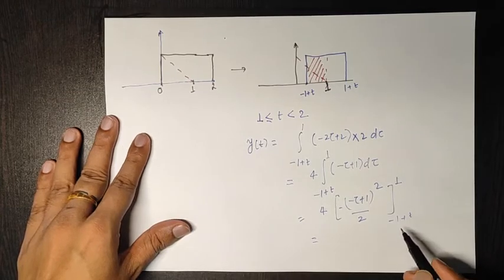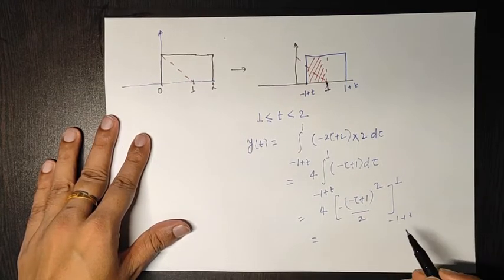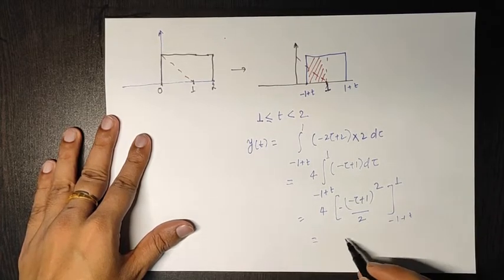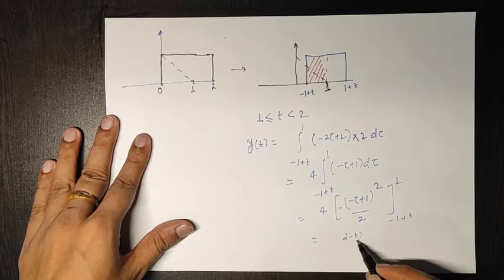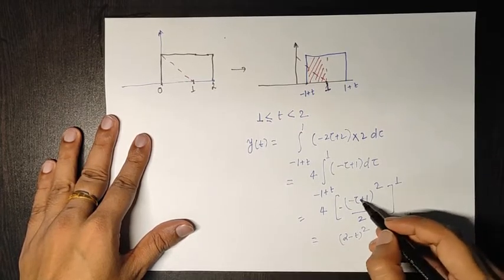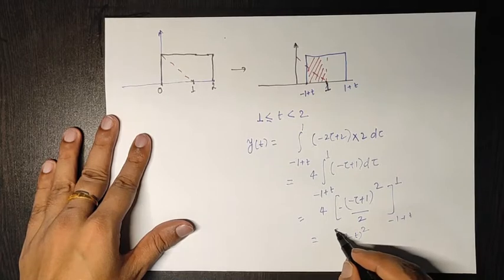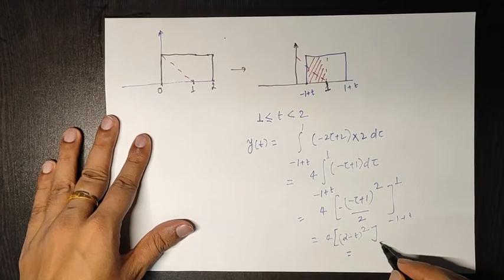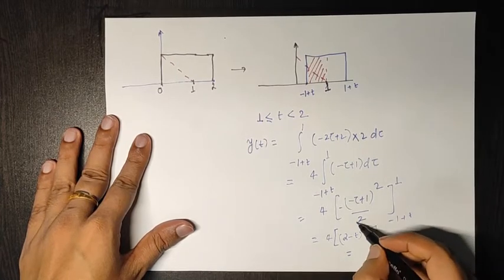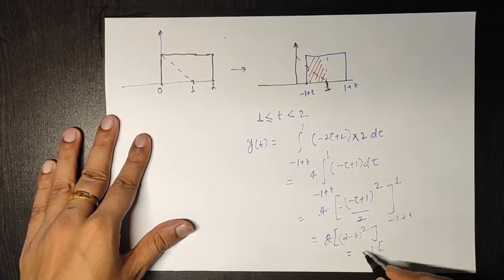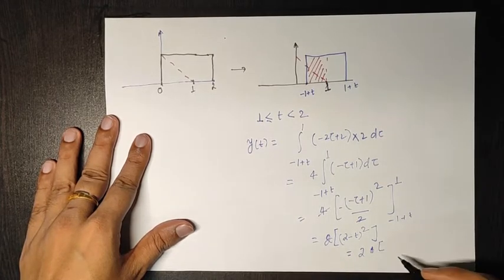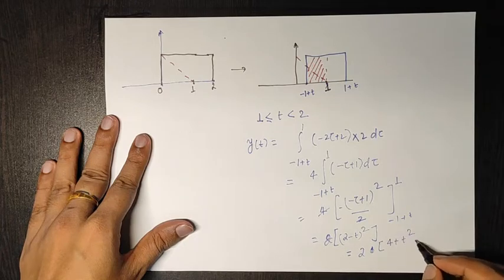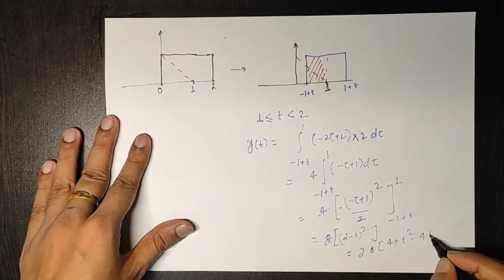Putting the values, it will be 2 minus t whole square. If we put 1 here, it will become 0. It will be just 4 times 2 minus t whole square, which will be, sorry, this is cancelled, this will be 2, this will be 2, and it will be 4 plus t square minus 4t.